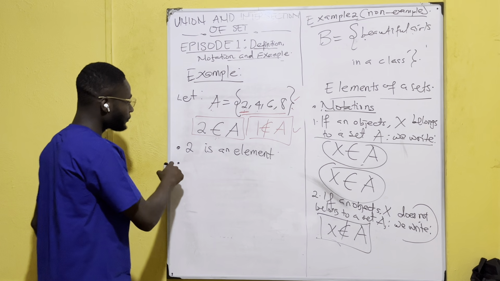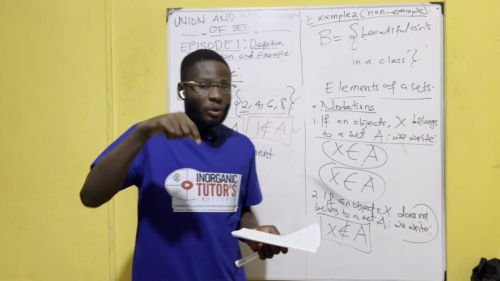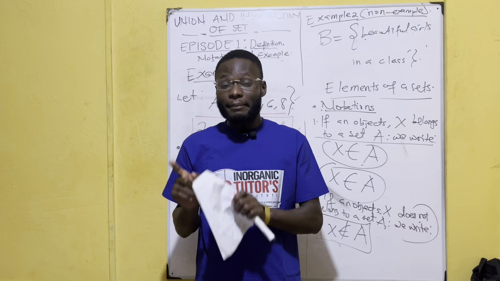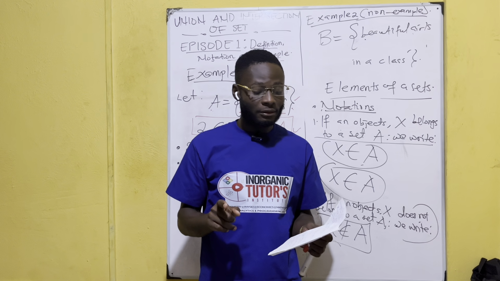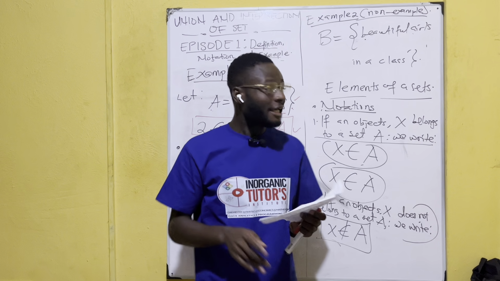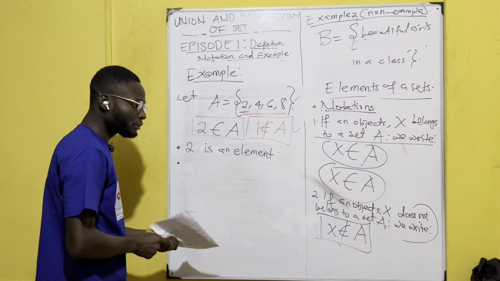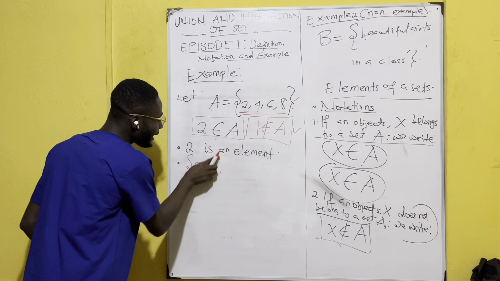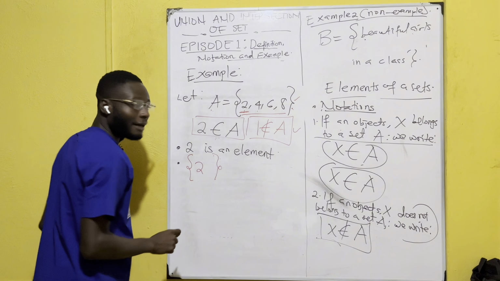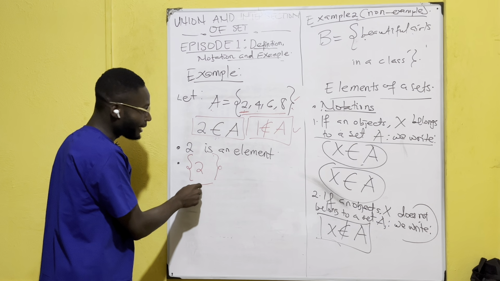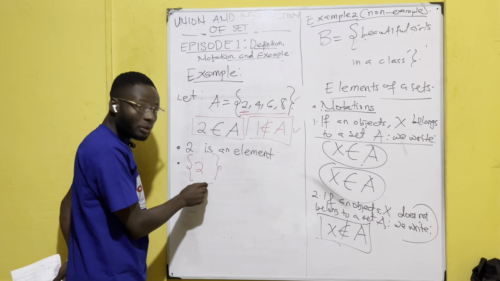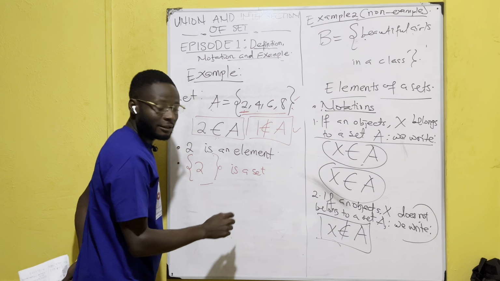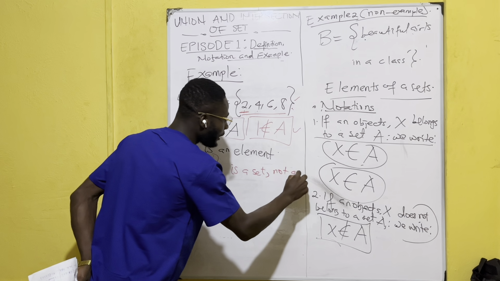Second point, if you put 2 inside a curly bracket, then it is no more an element. It is what? A set. Get that clear. If you put 2 inside a curly bracket, it becomes a set, not an element.